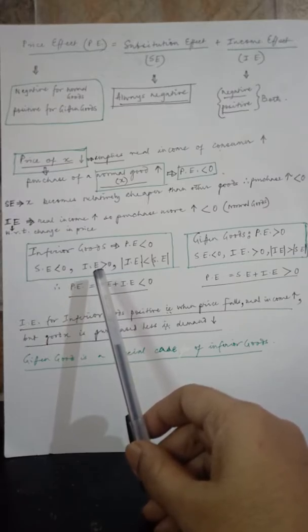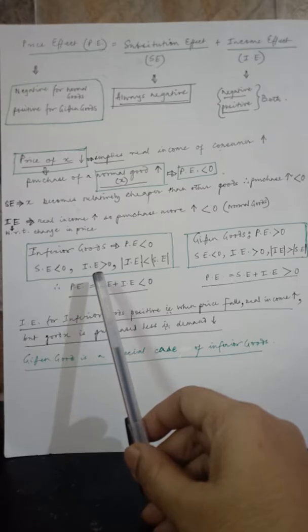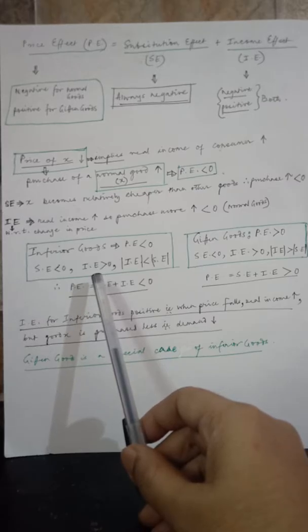Whenever the real income increases due to a fall in the price of this particular good, say X, if it is an inferior good, then a fall in the price of X means real income has increased. So we are purchasing less of the commodity X. So demand for X decreases. So there's a direct relationship.